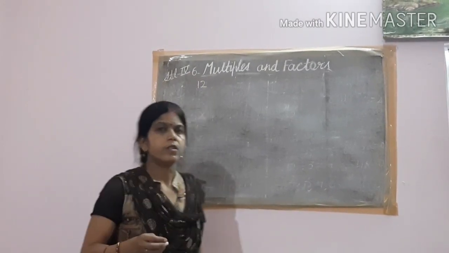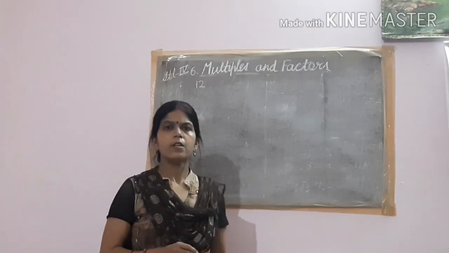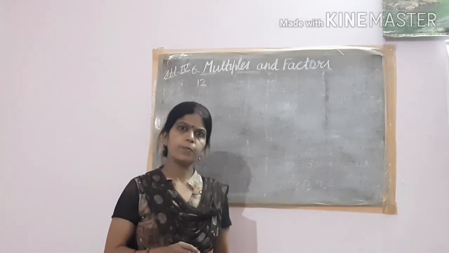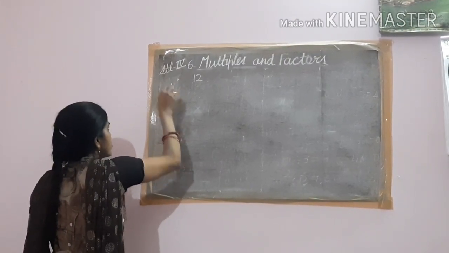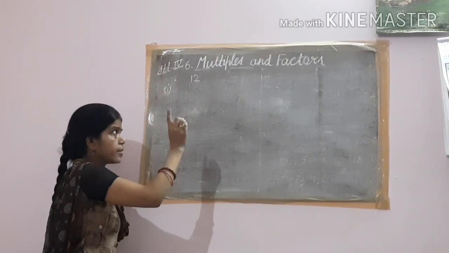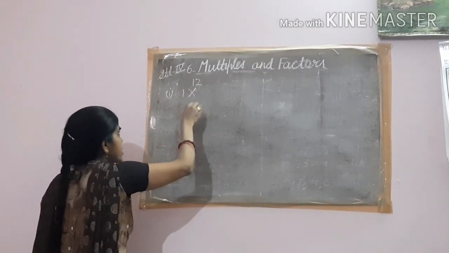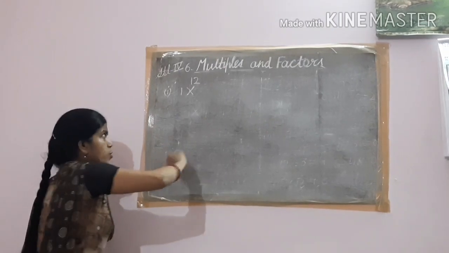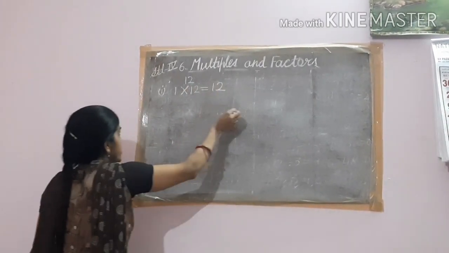Now try to find out all the pairs of numbers that give 12 as their product. So start. First we will start from 1. By which number do you multiply 1 so that the product you get is 12? 12. Already you have learned the chapter multiplication.